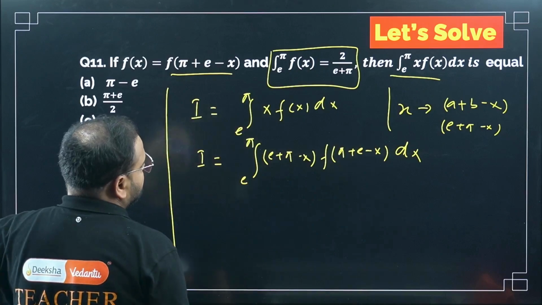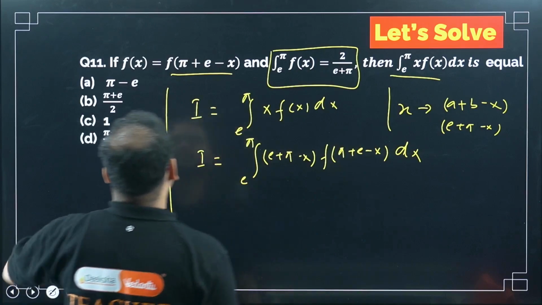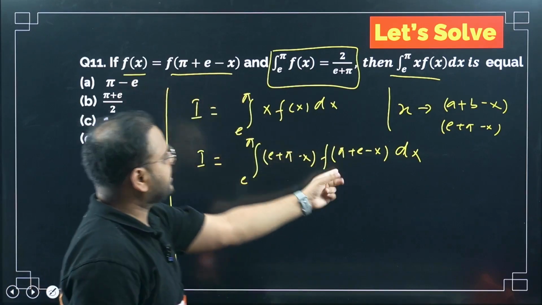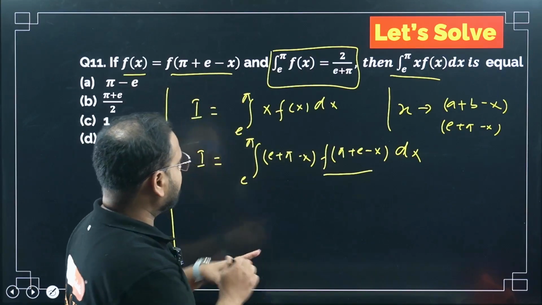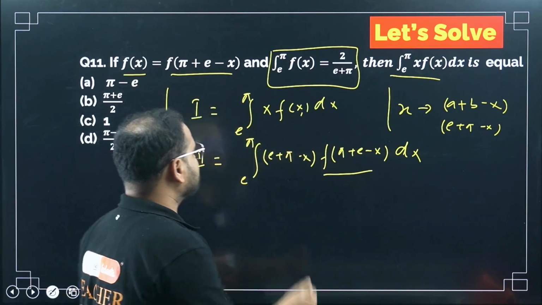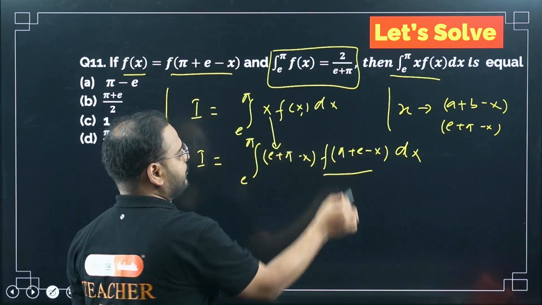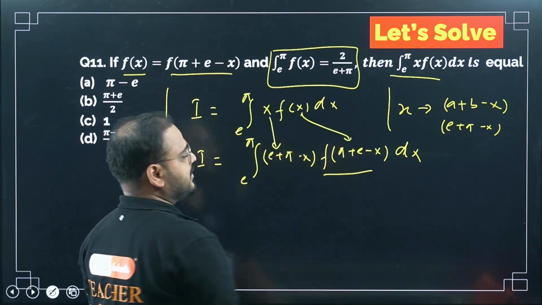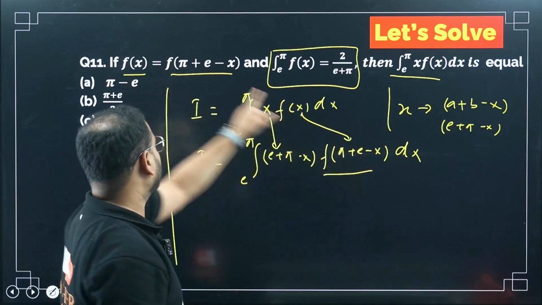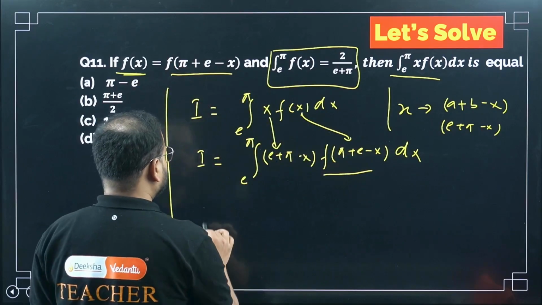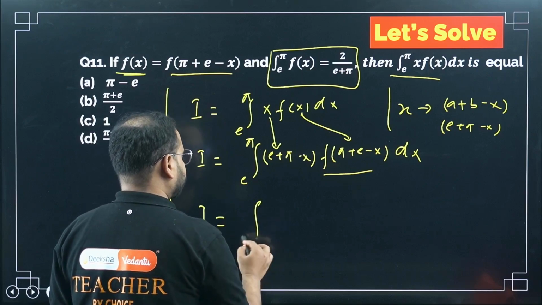Now do one thing. We know that they have given f(x) is the same as this value. First of all, I changed only x as this; I will change x like this everywhere. Only the x part I have changed. Now I'm going to change this whole f of pi plus e minus x to f of x. So this will become, please have a look, integral from e to pi.